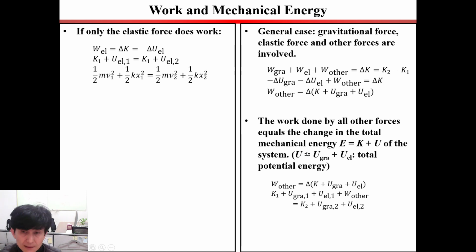But sometimes there exists a non-conservative force, which is often called the... right. Sorry, this is an elastic force. The energy stored by elastic force.